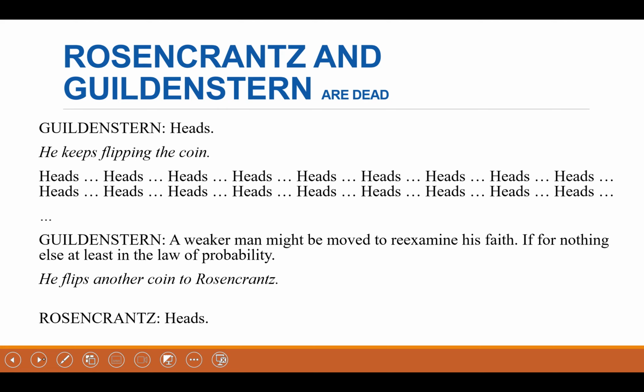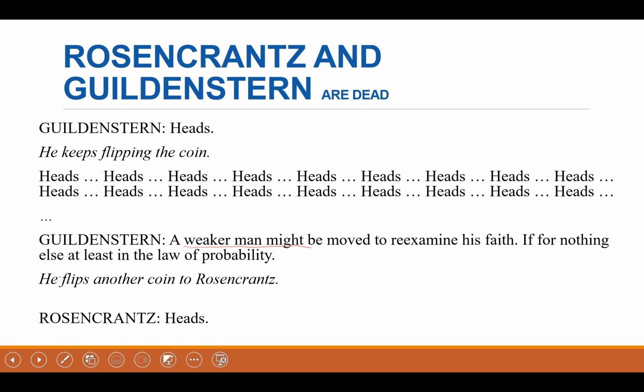For the entire first scene, as they're talking, this coin keeps coming up heads, and Guildenstern remarks that a weaker man might be moved to re-examine his faith, if for nothing else, at least in the law of probability, right? Because if you flip a coin 100 times, for it to come up heads 100 times is extremely unlikely. Not impossible, but very, very unlikely.